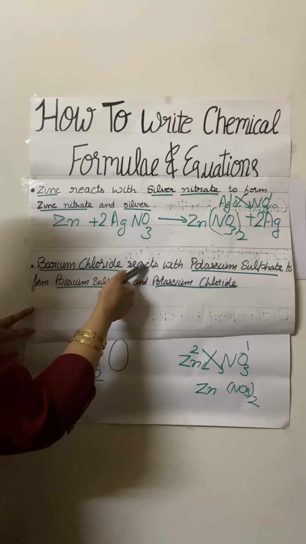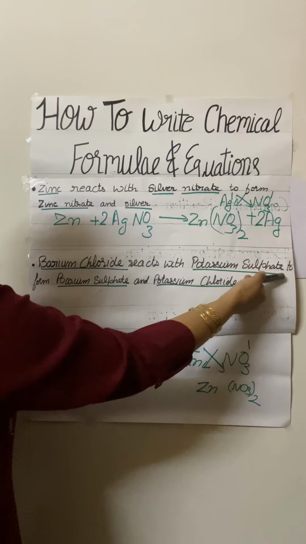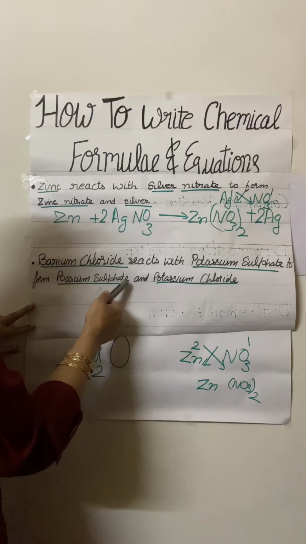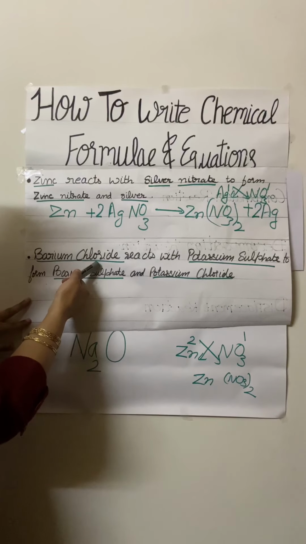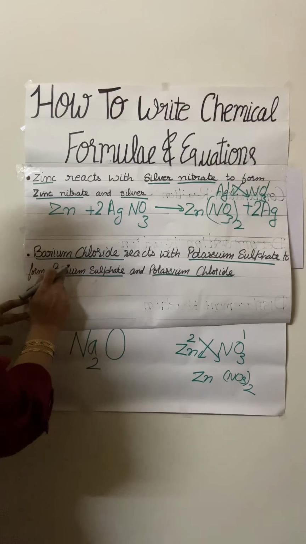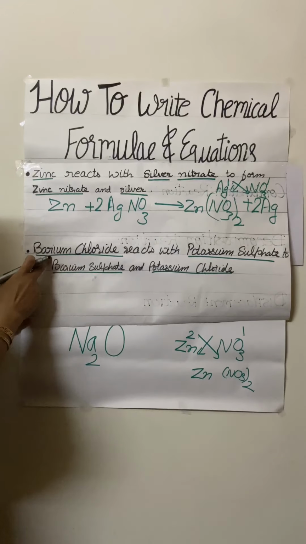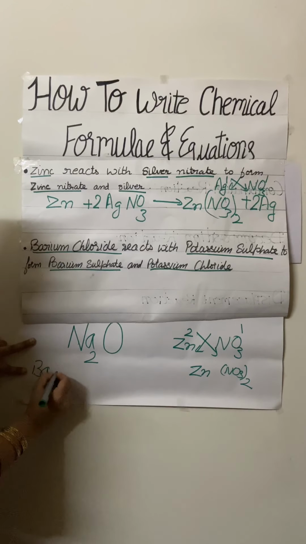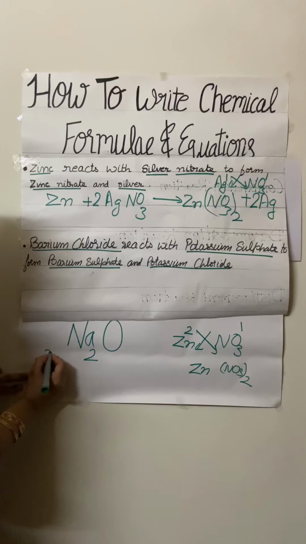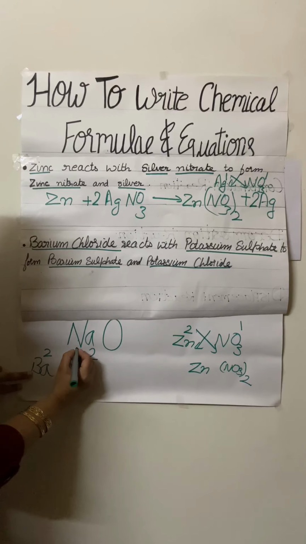Barium chloride reacts with potassium sulfate to form barium sulfate and potassium chloride. So we will have to first form the formula for barium chloride. We will use our previous knowledge of writing the chemical formula. We have symbol Ba for barium with valency 2, chlorine valency 1.